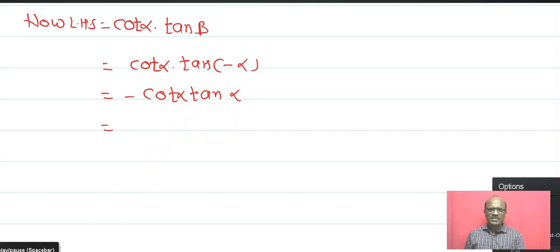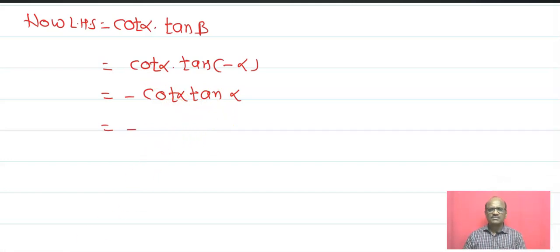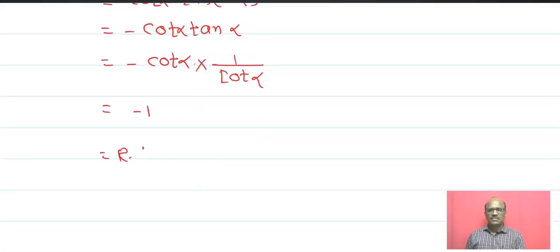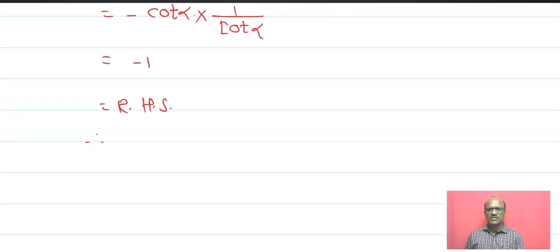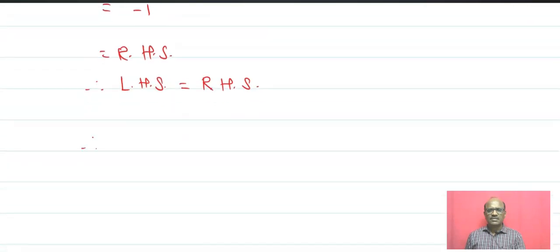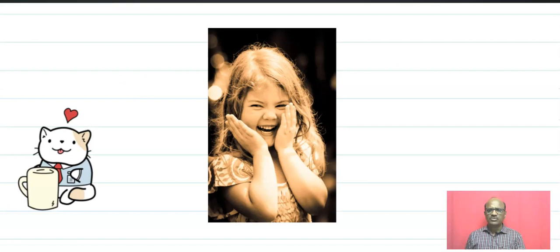The value you are getting is equals to RHS. Therefore cot alpha into tan beta is equals to minus 1.